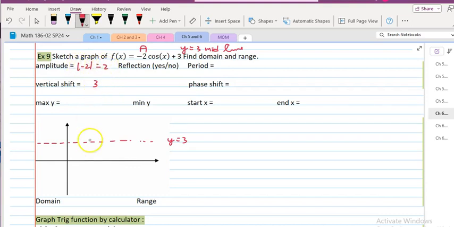So the maximum will be from 3, you go up 2, so it's 5. The minimum will be from 3, you go down 2, so it's 1. This 1 is too small. 1, 2, 3. So it would be like that.